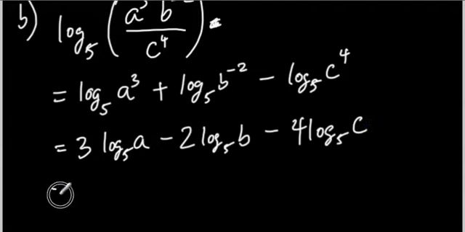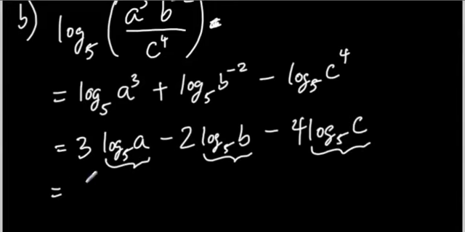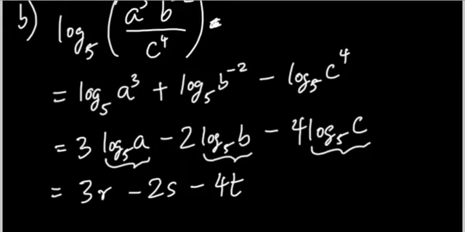And as we know, we said this was r, this was s, and this was t. So this is basically 3r minus 2s minus 4t. And that's basically the solution. I have one more example to show you.